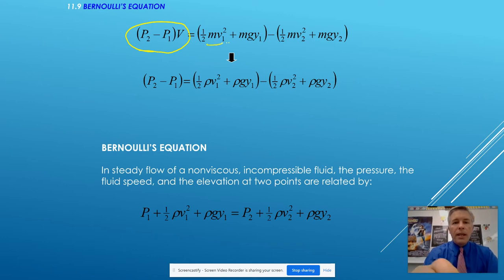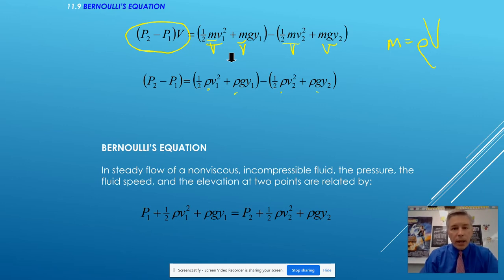Now, this has a whole bunch of masses, and technically I know mass is equal to density times volume. Here's the cool part: there's volume. If I divide every mass by a volume, all of those can be replaced by densities. So here's a density, density, density, and I don't have to worry about it.